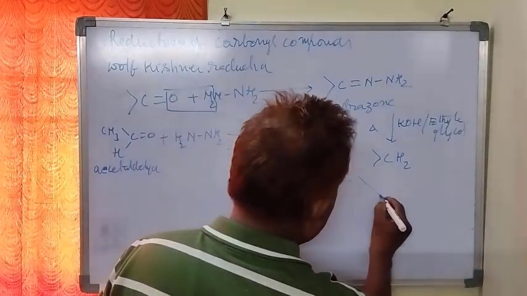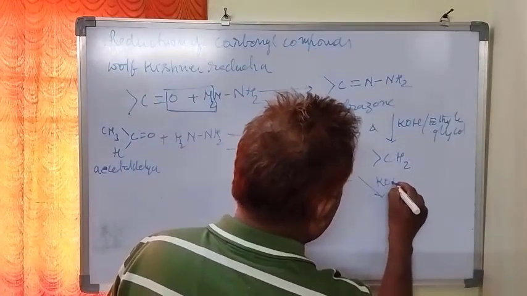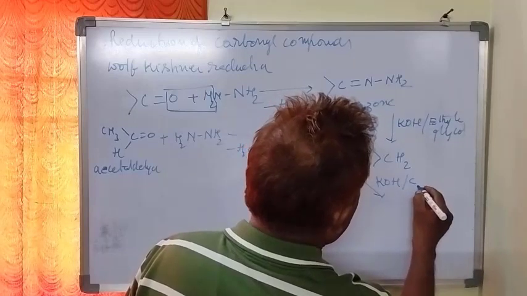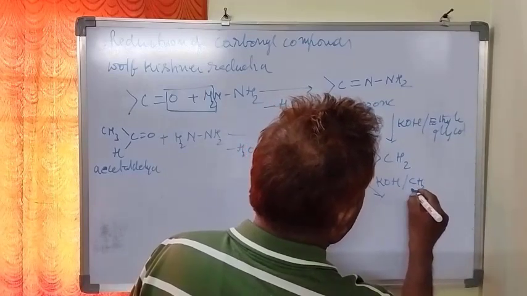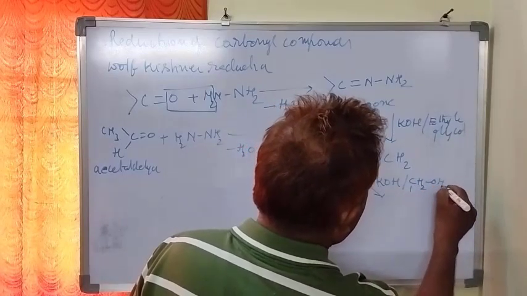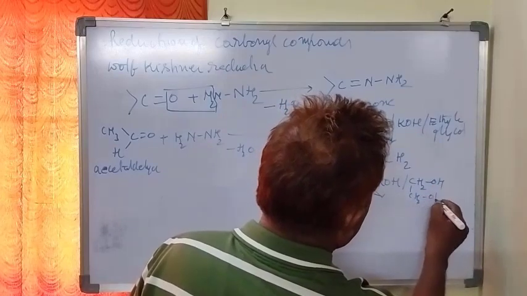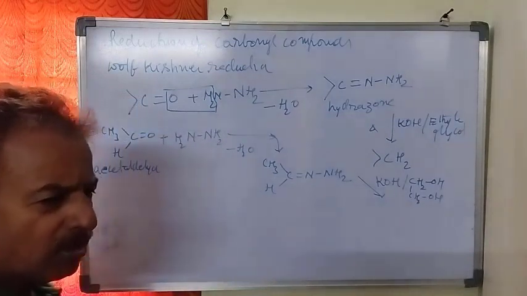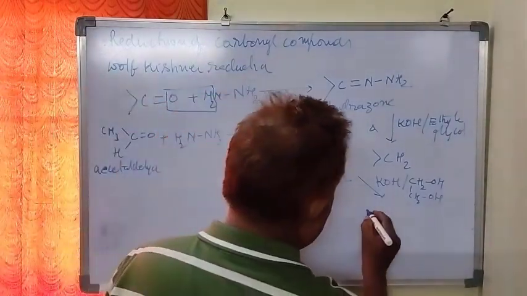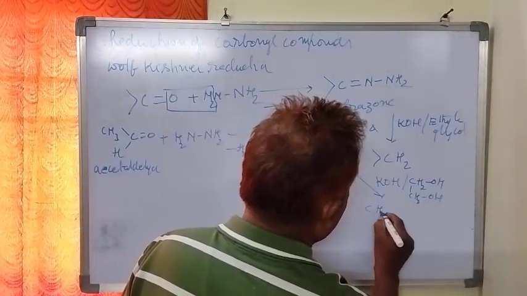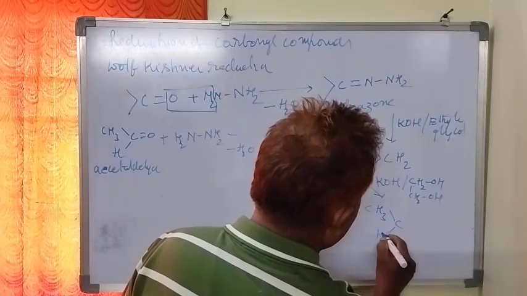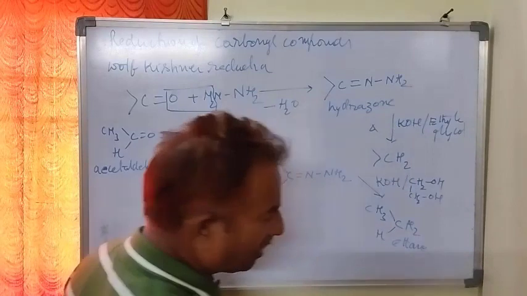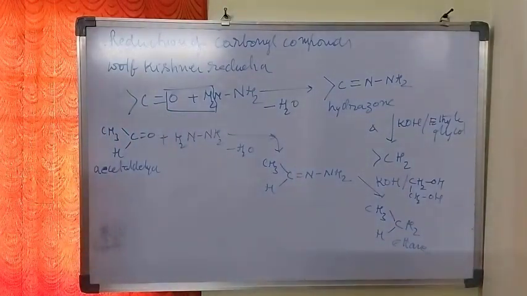This acetaldehyde hydrazone is treated with KOH and ethylene glycol. Ethylene glycol means CH2OH, that is ethylene glycol. Therefore what happens, the double bonded carbon atom is reduced to alkane. Therefore we get CH3CH3. This is nothing but ethane. So this is Wolff-Kishner reduction.